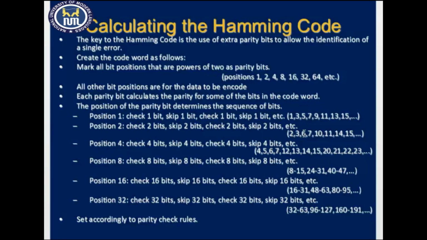Then check 6, 7, leave 8, 9, check 10, 11, leave 12, 13, and check 14, 15. Similarly, we do the same process for position 4, position 8, position 16, and position 32. So we set the parity accordingly.